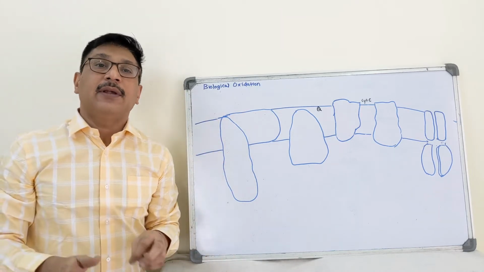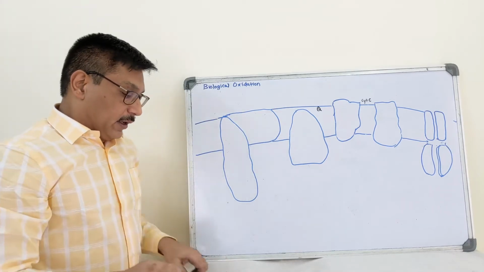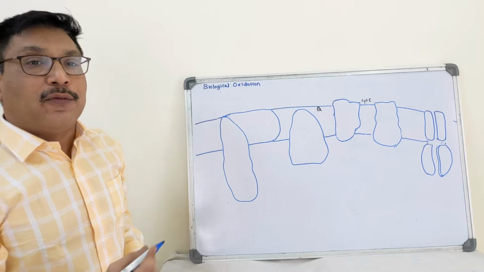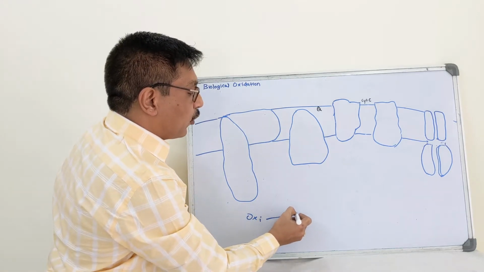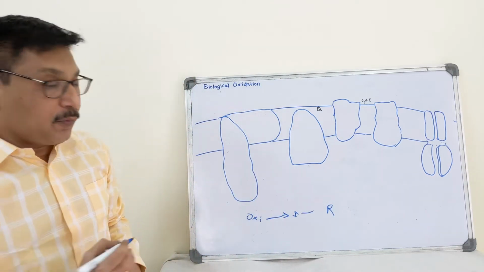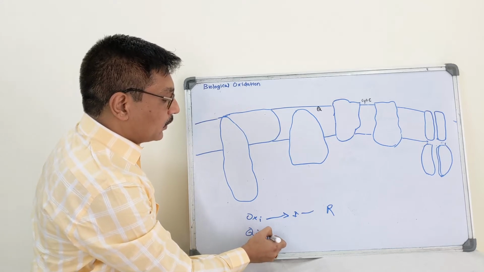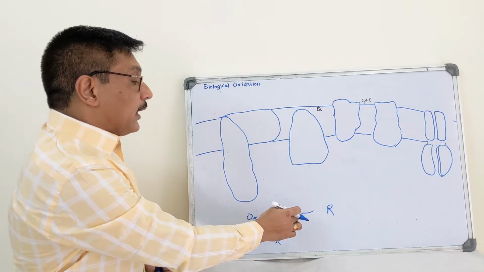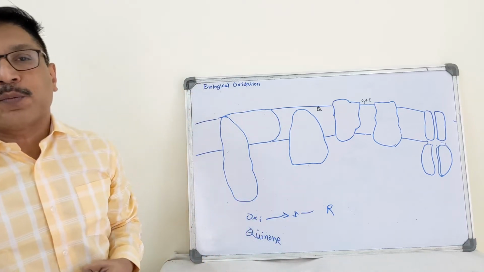The FMN has an iso-alloxazine ring, which can be in the oxidized flavine form, called the quinone form, the intermediate semiquinone form, or the reduced quinol form.